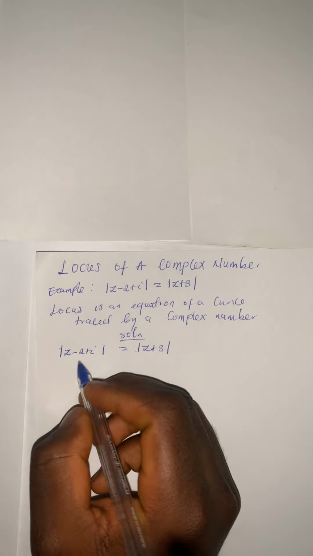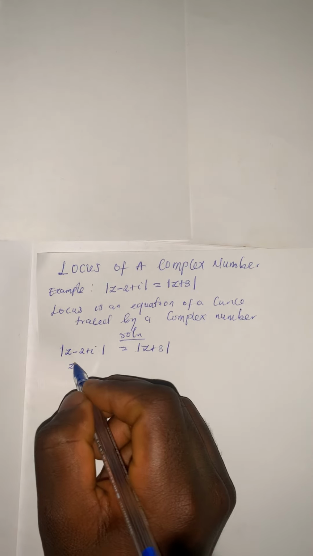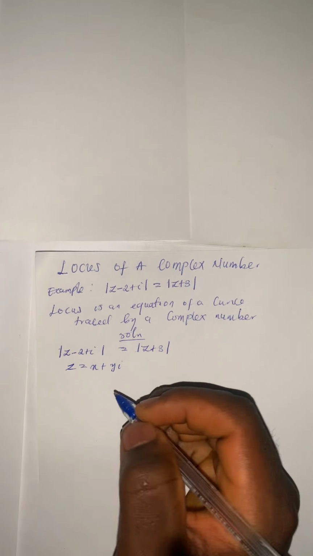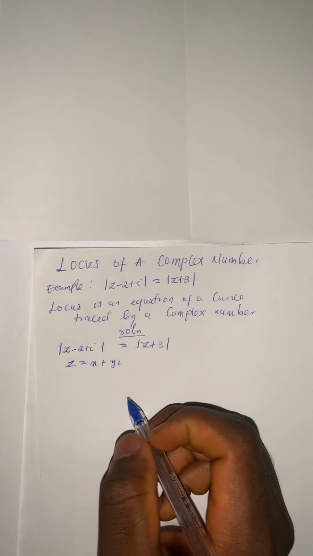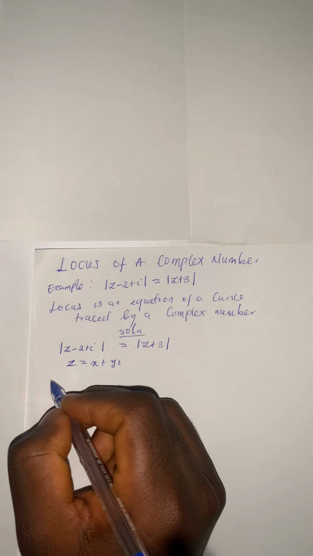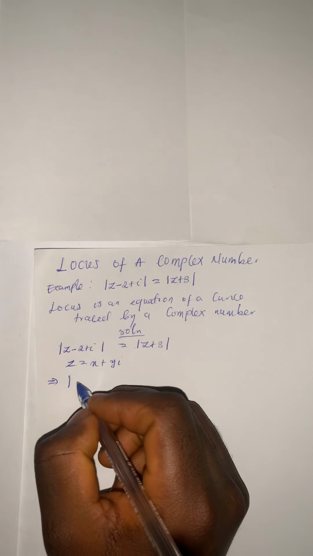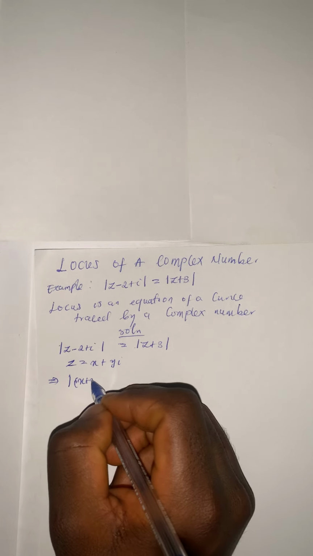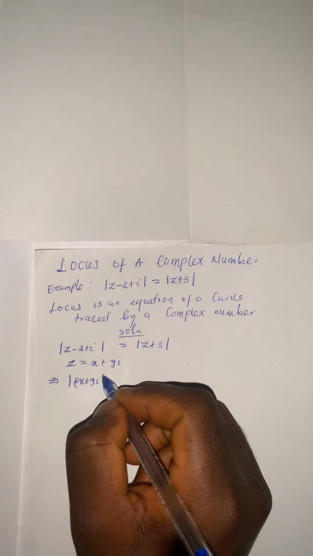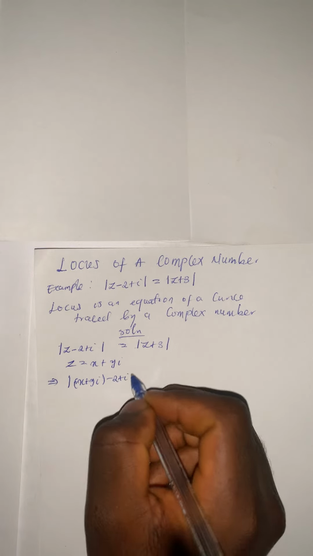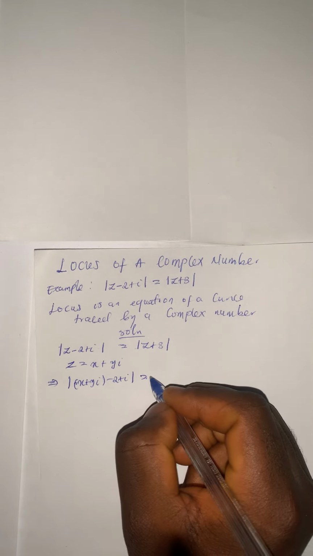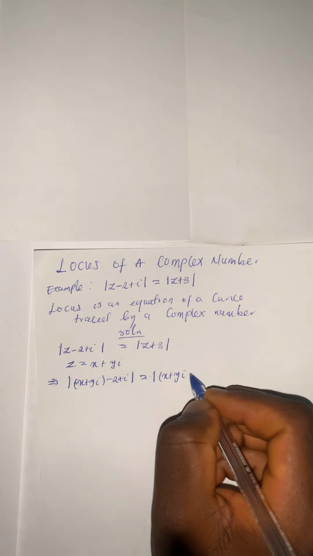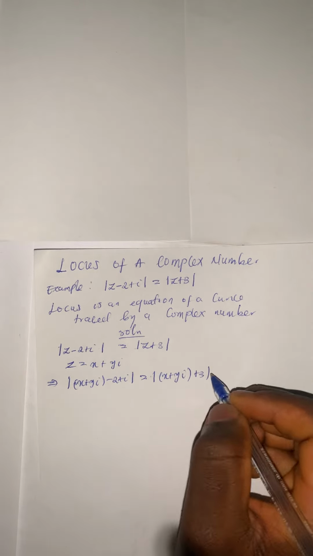Firstly, we set our z to be x plus yi, which is the general form of a complex number. From here we now get the absolute value of x plus yi minus 2 plus i to be equal to the absolute value of x plus yi plus 3.